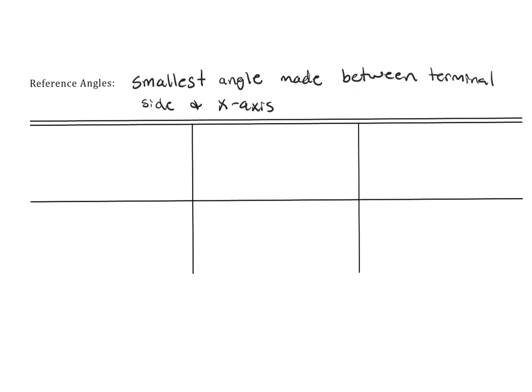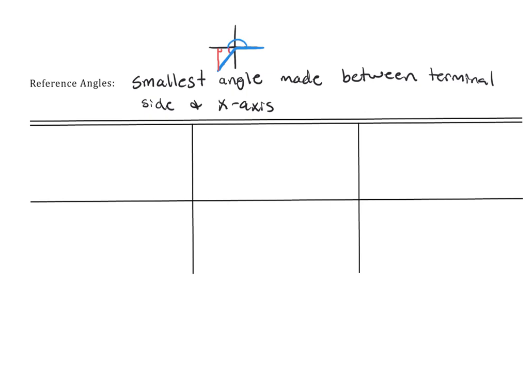Okay, and now the last part is reference angles, which can be defined as the smallest angle made between your terminal side and the x-axis. So here I've just drawn an angle. So here we have the terminal side. Now we're looking at taking that terminal side and connecting it to the x-axis at 90 degrees.